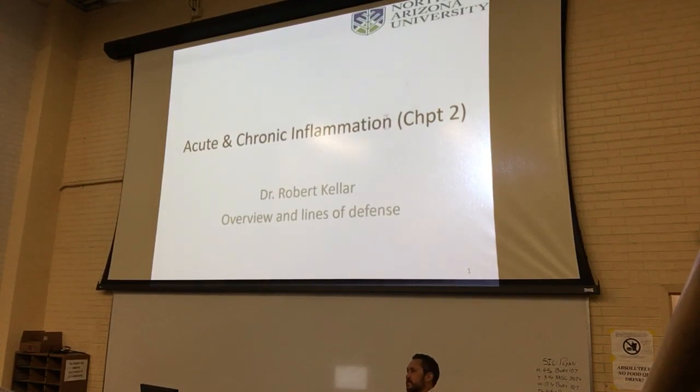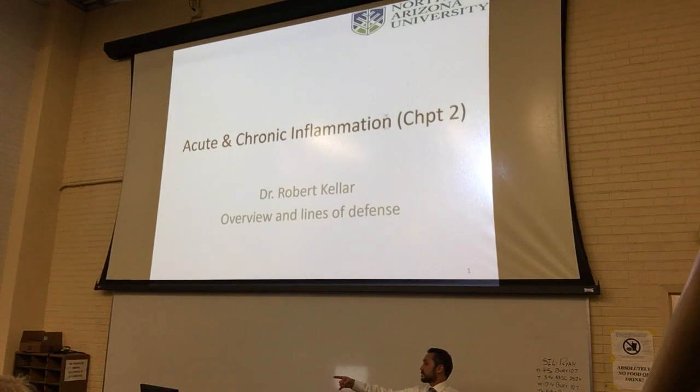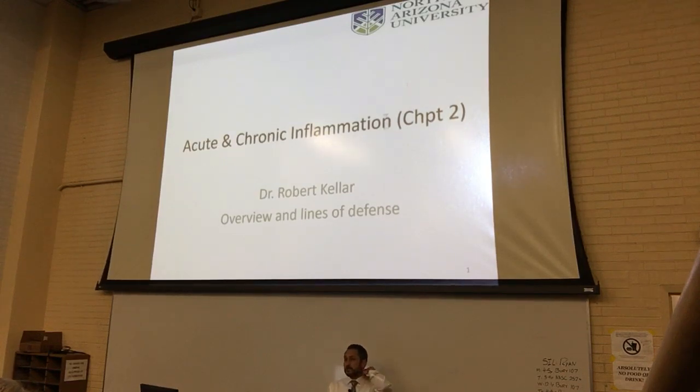So let's take the first one that we talked about, Barrett esophagus. Why do you think inflammation is a component of Barrett esophagus? What's causing the inflammation? It's a response to a chemical. Which chemical? Stomach acid, hydrochloric acid.